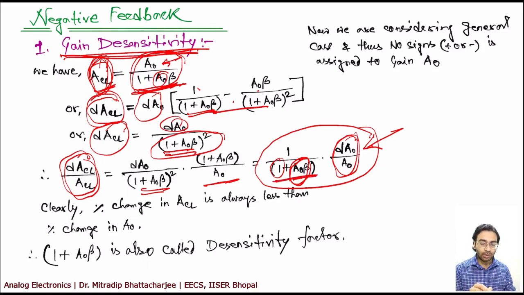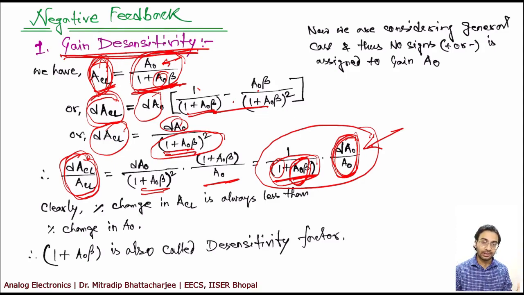What I'm trying to say is 1 plus A0 beta will be a large value. So your open loop gain variation divided by a large value is your closed loop gain variation.